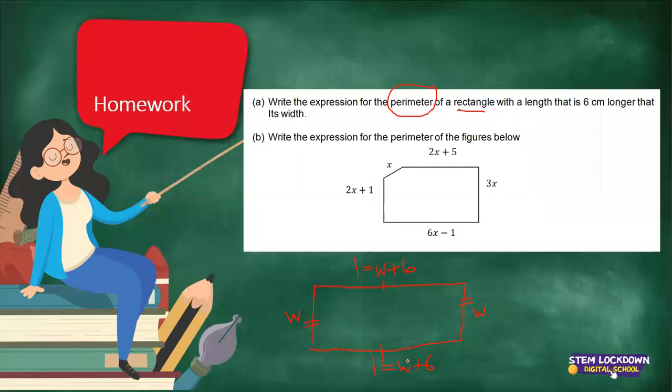So the perimeter, remember, is the total distance around the shape. So P for perimeter should be my length, which is W plus 6, plus my width, plus my length, plus my width. So that will be your answer. Alternatively, you can use an X for the width. If you did not do my work, we are confused at the moment, but you'll be okay.